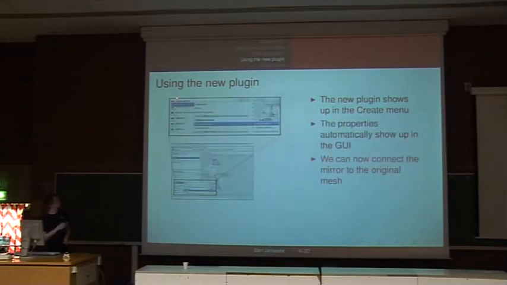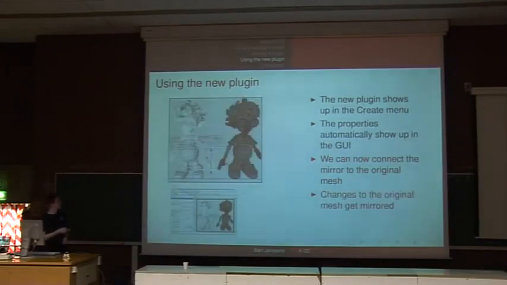So if we click the connect button next to the property, we can connect to our original mesh, and once this is done, the mesh gets updated and we get our two twins immediately integrated into the pipeline. So if we modify part of the original mesh on the left, the mesh on the right changes along with it interactively.